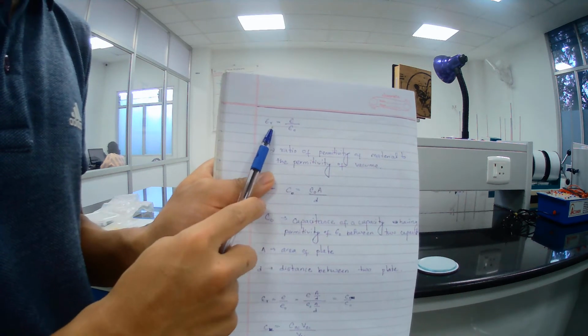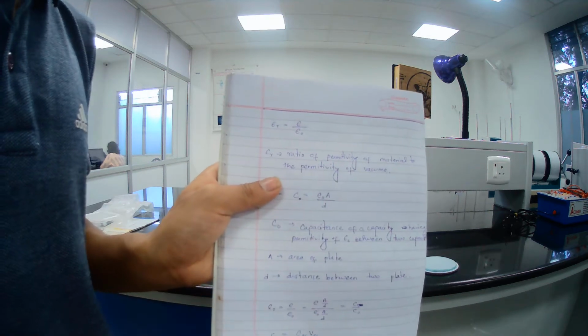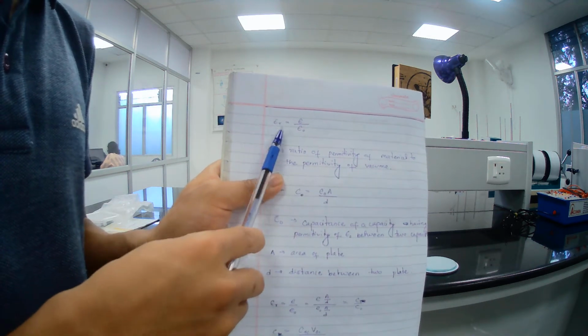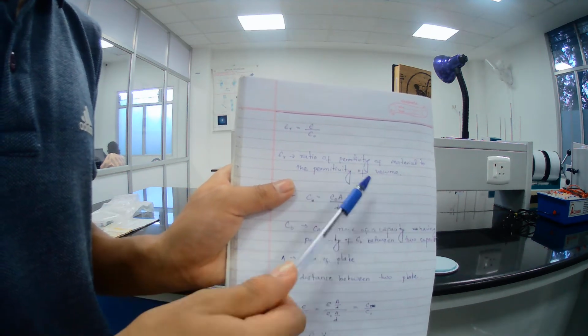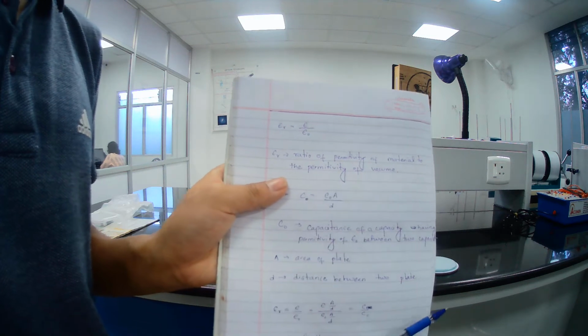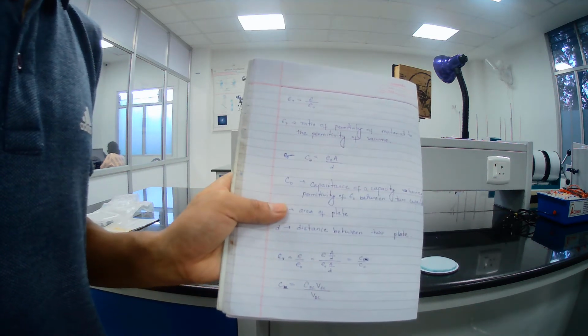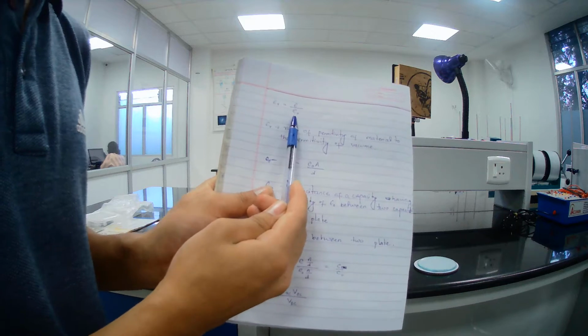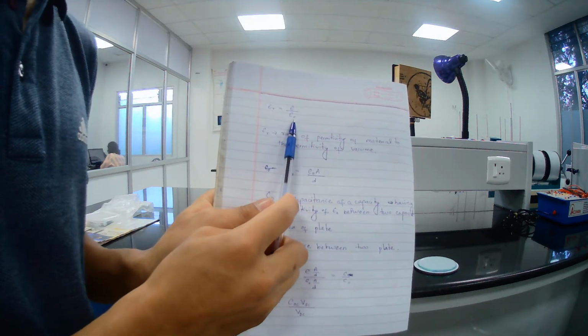Do not confuse this ER with the permittivity of a material. ER means the ratio of the permittivity of the material to the permittivity of vacuum. We know the value of E0.